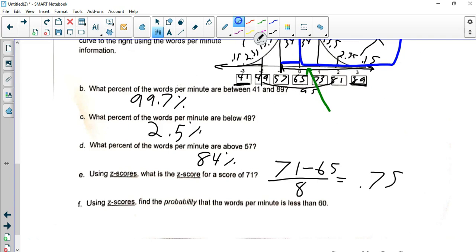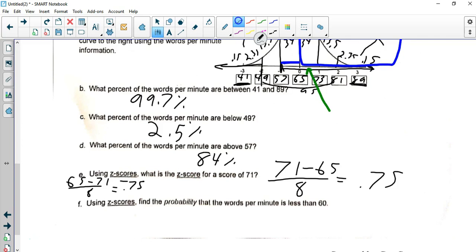But let's say, just for the heck of it, you did 65 minus 71 divided by 8. Okay? You did it the wrong direction. And it happens. It's a very common mistake, no big deal. But if you did that, then you would get the negative version, negative 0.75.